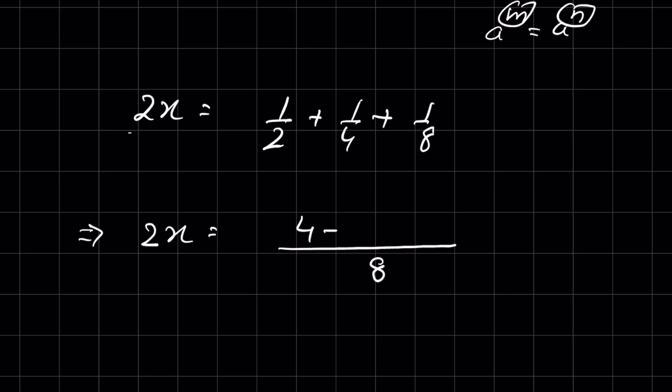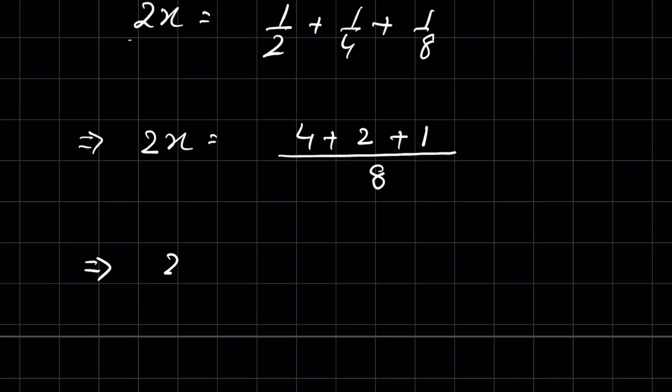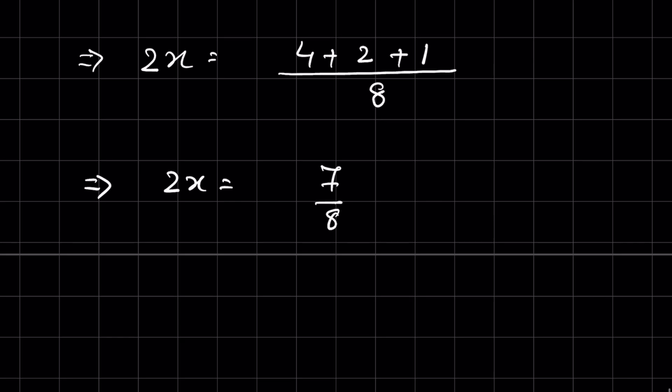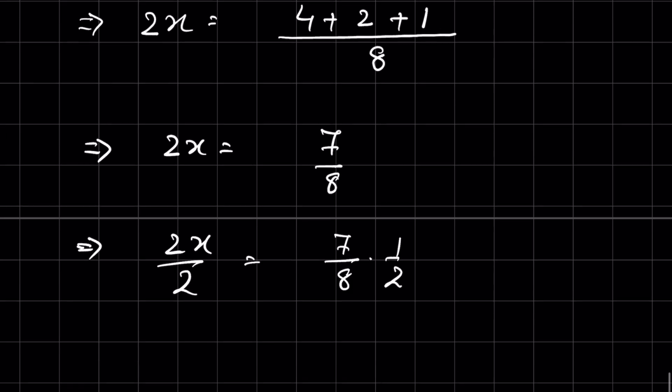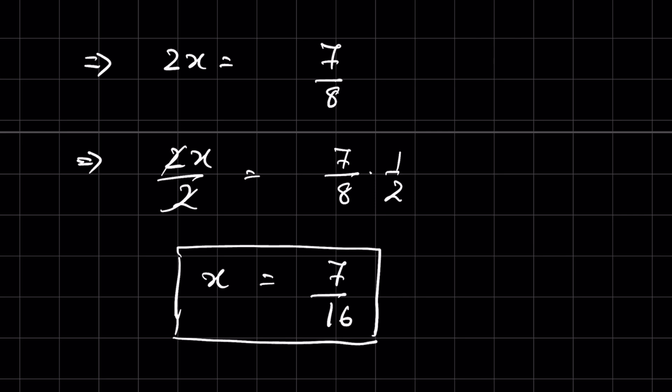So 4 plus 2 plus 1, or 2x is equal to 7 upon 8, or divide both the sides by 2. So x is equal to 7 upon 16. So we are getting the same value for x. So x is 7 upon 16.